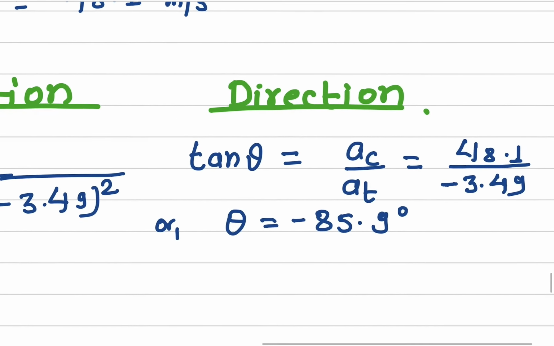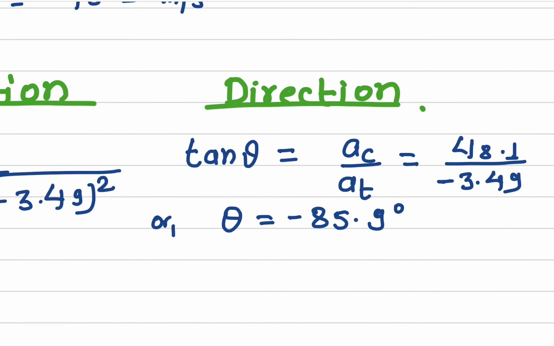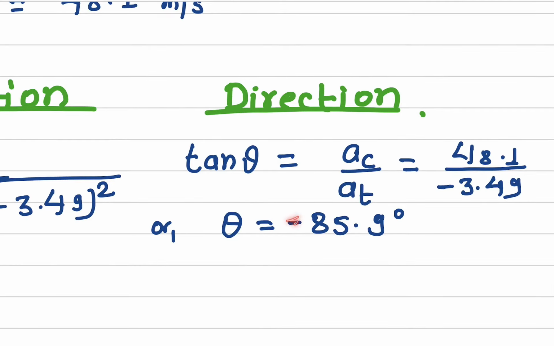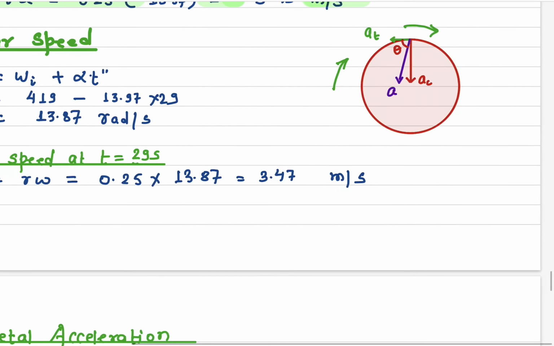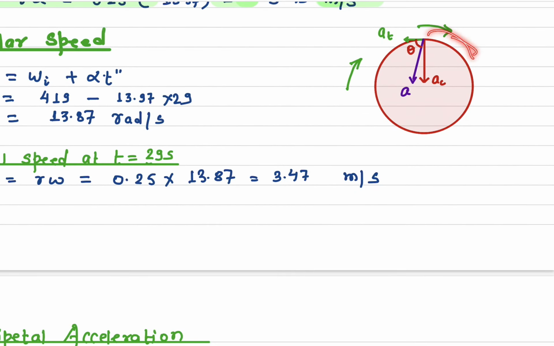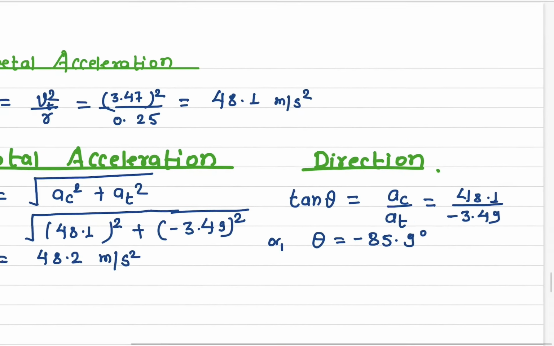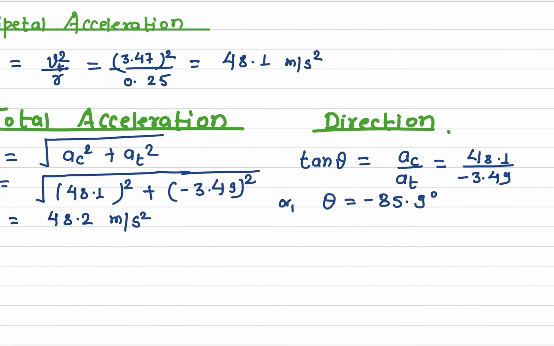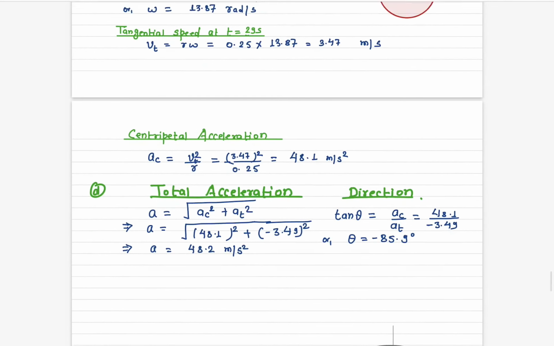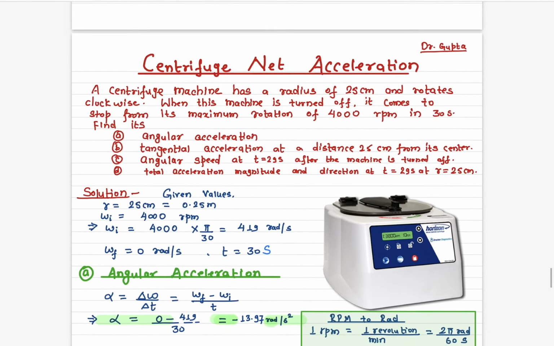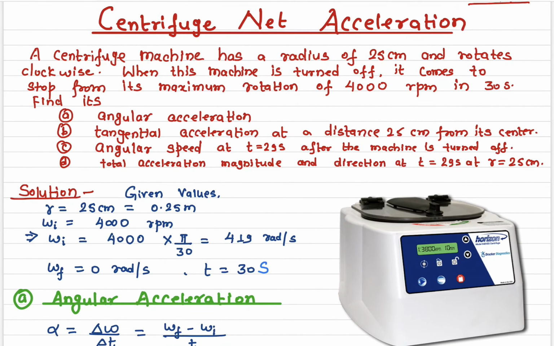If you calculate, you'll get 85.9 degrees. Again, the negative sign simply means it is opposite to the motion here. So this gives you the direction, and that's it for the net acceleration.